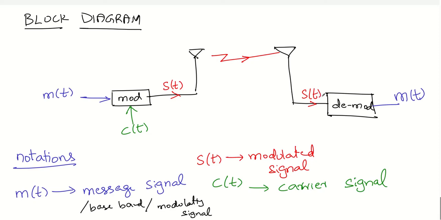And then at the receiver's end, so this is the transmitter's end, this is the channel, and this is the receiver. S of t, the modulated signal, is being received over here and it is getting demodulated, and our output is our required message signal M of t.